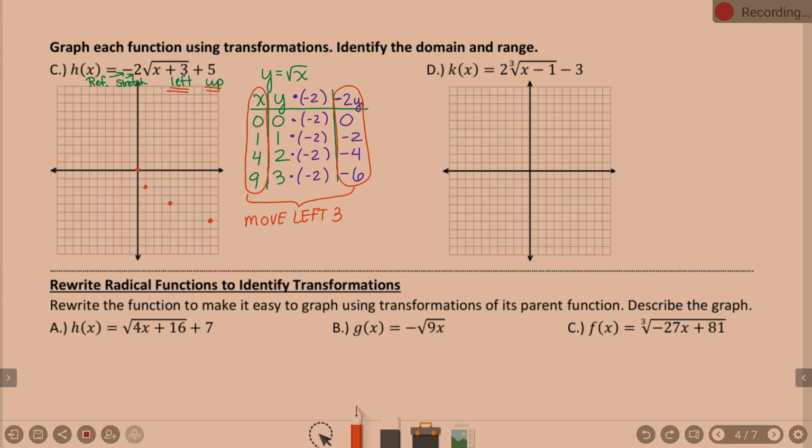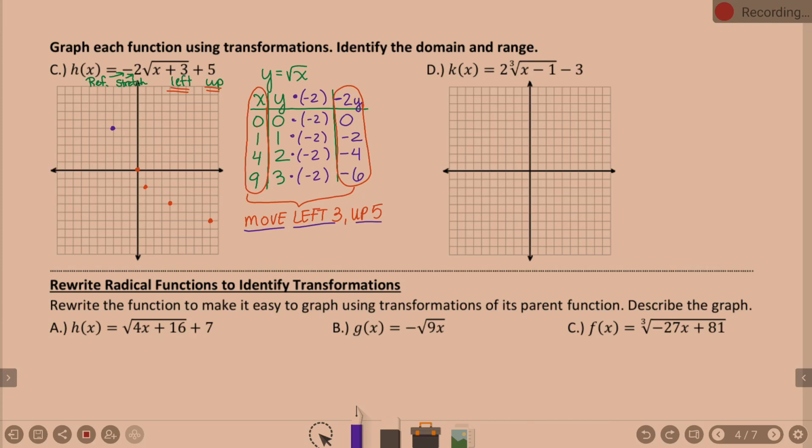So move left 3, up 5. You ready? So 0, 0. It was at 0, 0. Now I'm going to go where? Left 3, up 5.